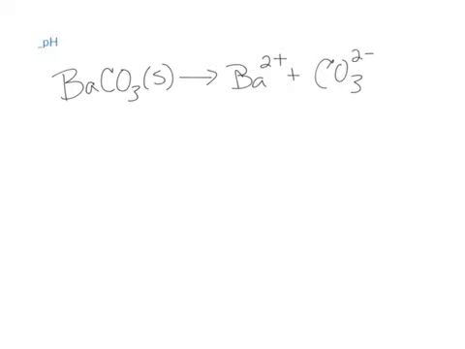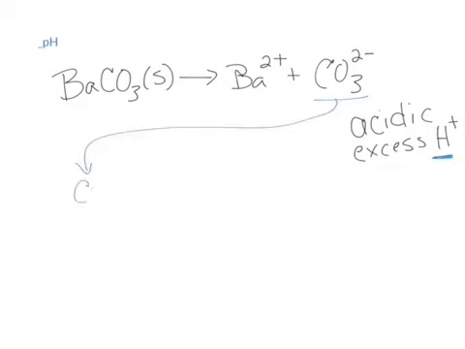Now, if we put this into an acidic solution with excess H plus, this excess H plus is very important here, because then this carbonate anion will actually interact with that excess H plus to form HCO3 minus.